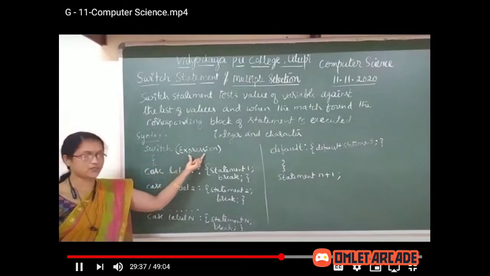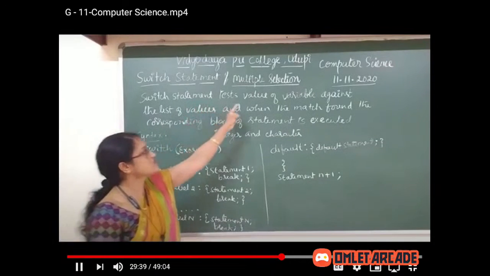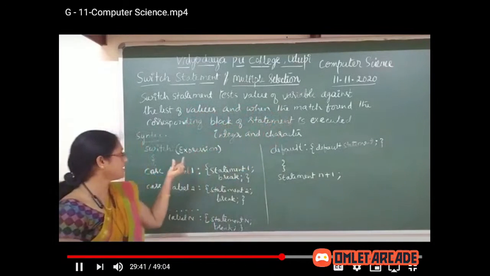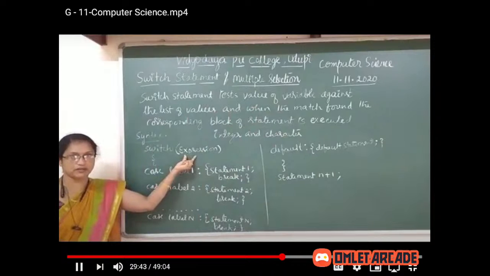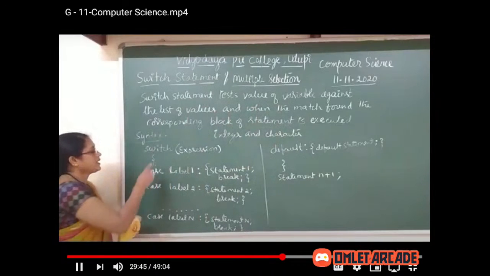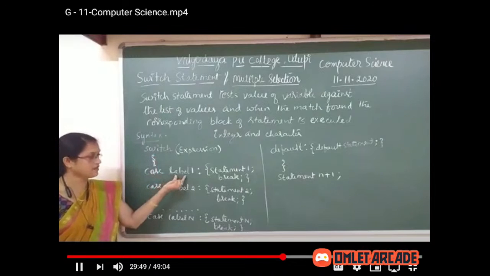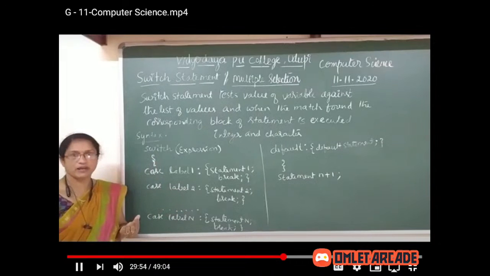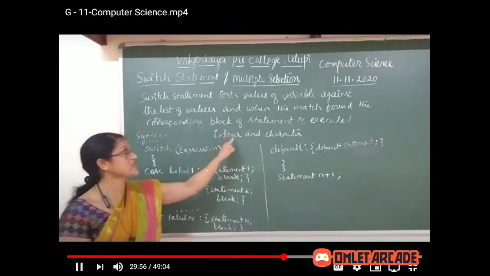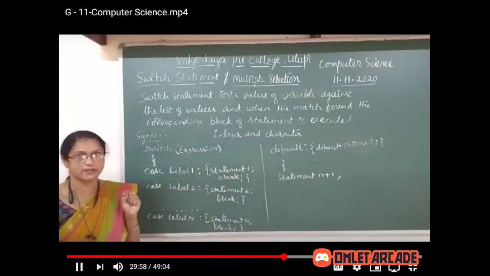So switch expression. See here, it tests the value of the variable, whatever value given by you here. Open flower bracket. Case, it is a keyword. You have to mention label 1 to n number of labels. That should be always integer and character type.